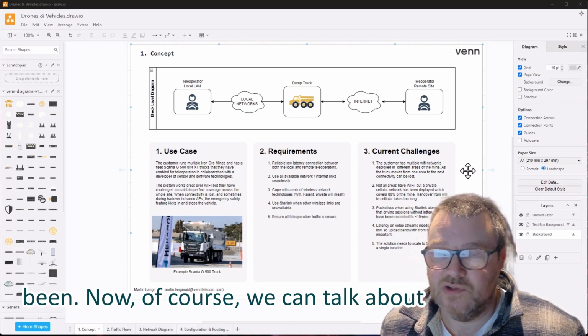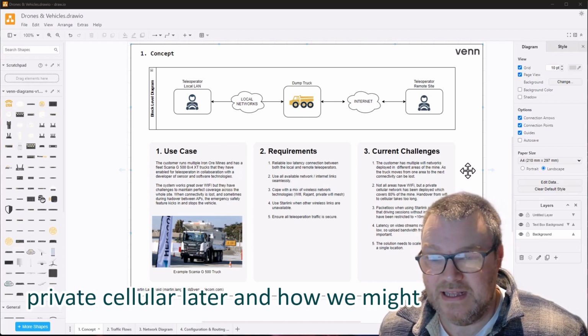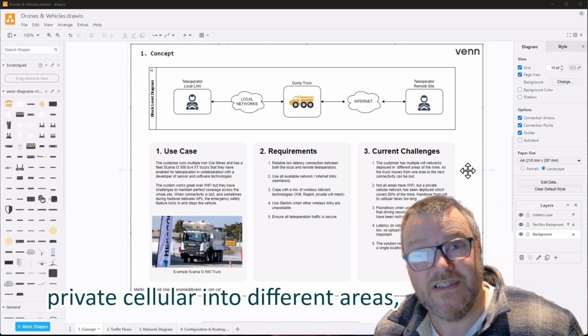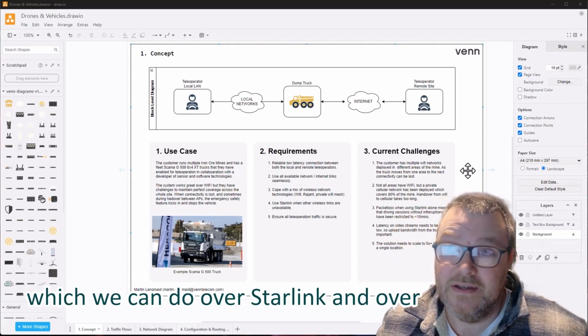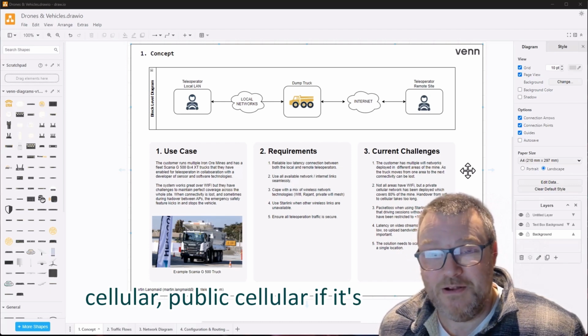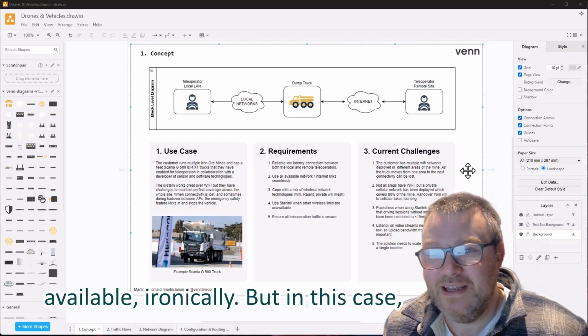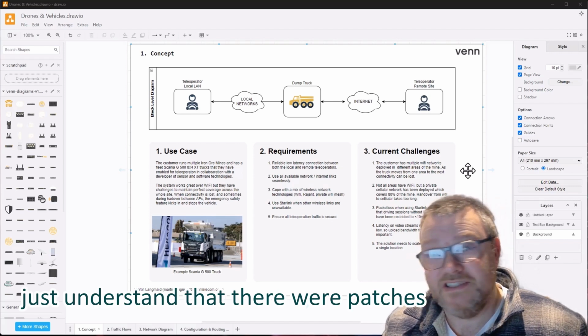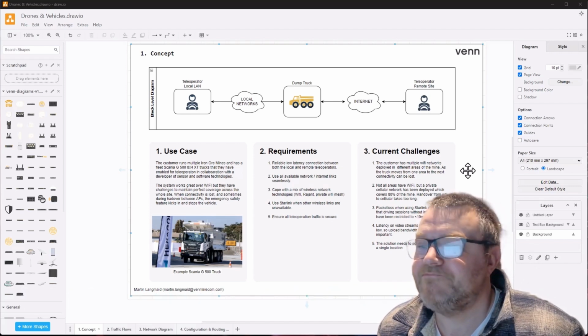Of course, we can talk about private cellular later, and how we might improve that by extending the range of private cellular into different areas, which we can do over Starlink and over public cellular if it's available, ironically. But in this case, just understand that there were patches of Wi-Fi and patches of cellular.